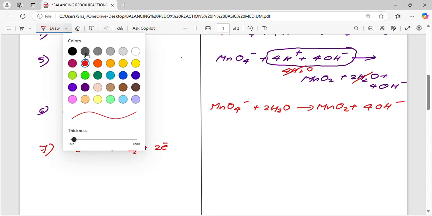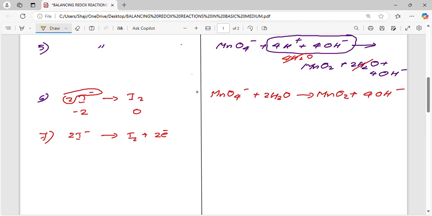Now, here I'll show you the charges in the reduction half. Here 1 minus. Here water is 0 because there is no charge over there. It makes 1 minus in the left side. Here MnO2 0 and 4 minus. It becomes 4 minus. Total becomes 4 minus only. And the difference between 1 and 4 is 3. It means 3 electrons to be added.